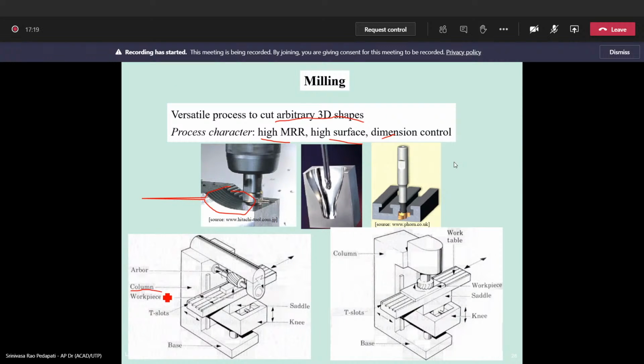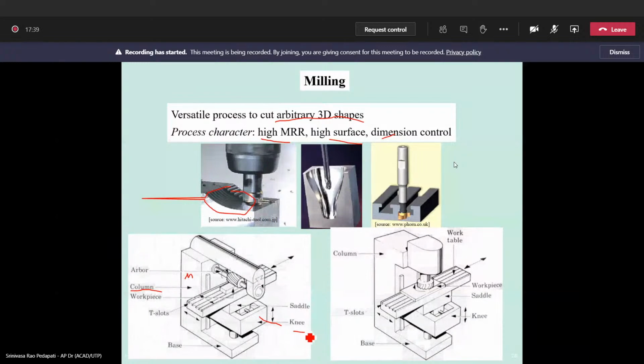Column means this one, this is the column, and knee means this. This is the type of machine which we can widely find in all workshops. There are many types, such as vertical and horizontal milling machines, and so on.